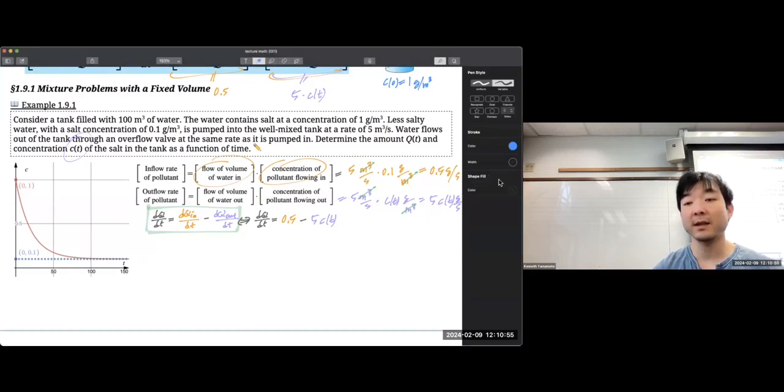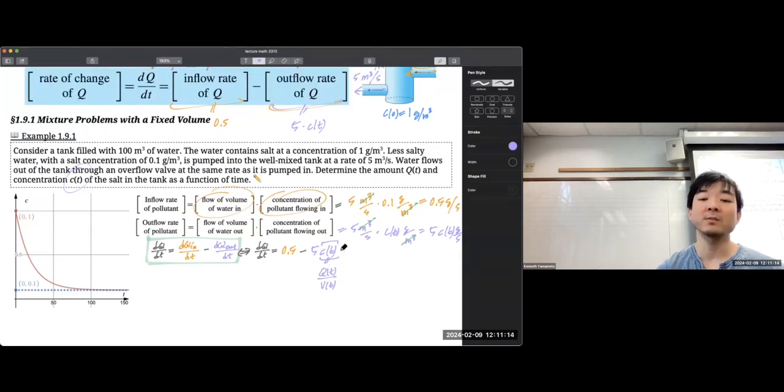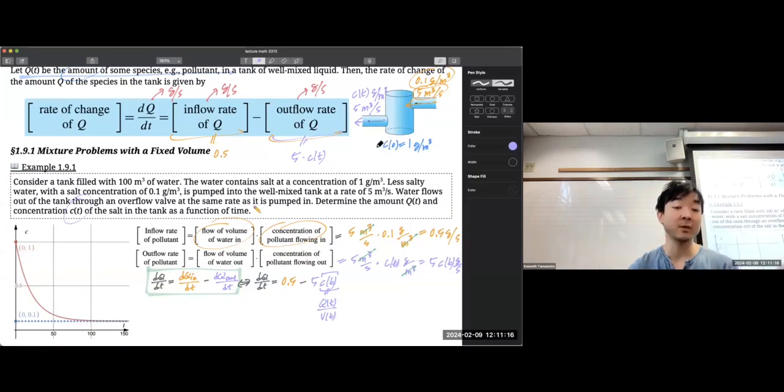So I'll say that this C of T can be written as the amount in mass, the amount in grams. Q of T is the amount of salt in the tank divided by the volume of the tank. In general, the amount of salt in the tank is changing as time goes on.